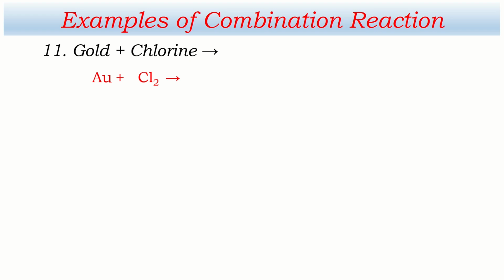Normally valency 3 is taken and it is called auric, and if 1 is taken, it is called aurous. Here it is auric chloride, that's why Au for gold and Cl for chlorine, and valency of gold is 3, chlorine is 1, we don't have to transfer. AuCl3, its name is auric chloride.